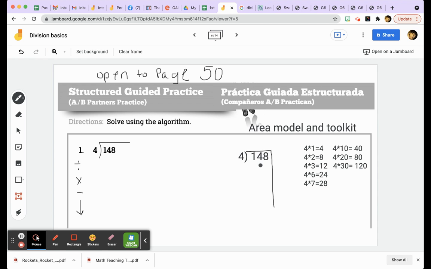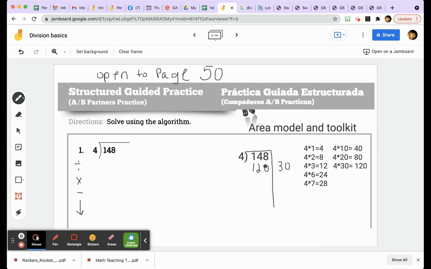So if I have 148, I want to find the largest product in my toolkit that will be as close to 148 without going over. And that would be 120. So my partial quotient is going to be 30. 4 times 30 is 120.